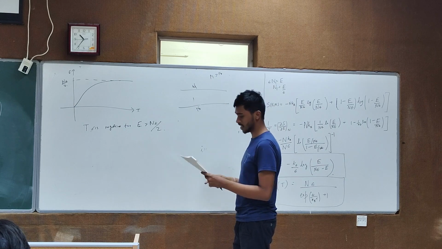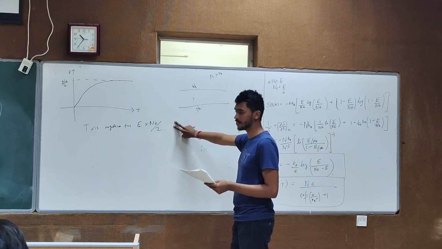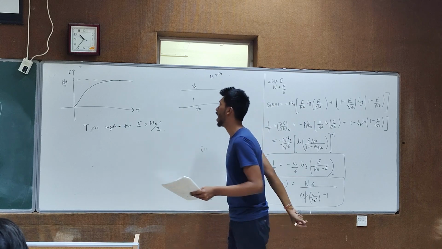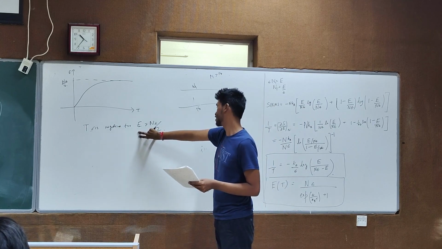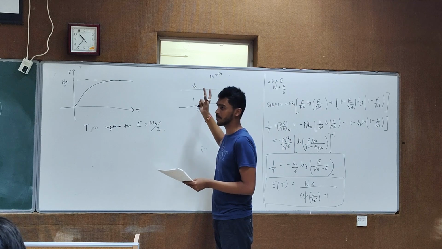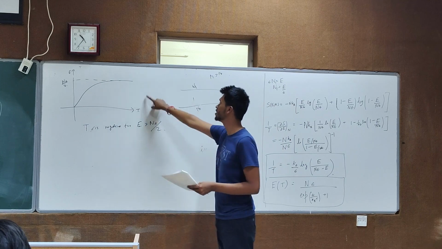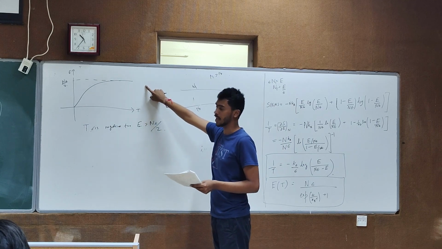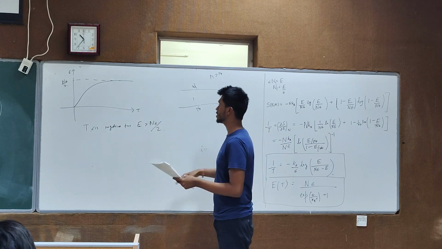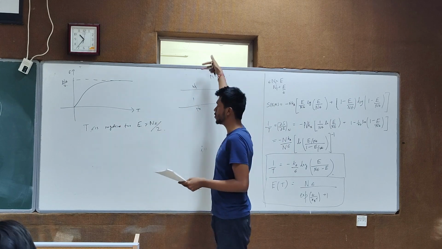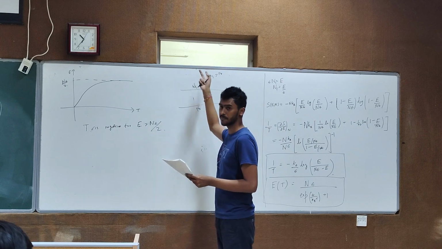So this leads to something called negative temperatures, and these negative temperatures are hotter than positive temperatures. So your T goes to infinity at the time it goes to N epsilon by 2, and if your energy is increased more, your T turns negative.